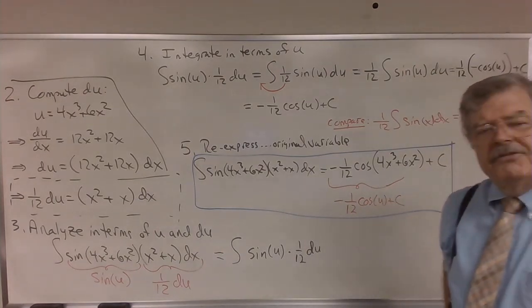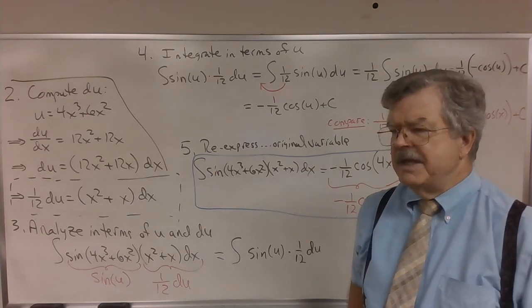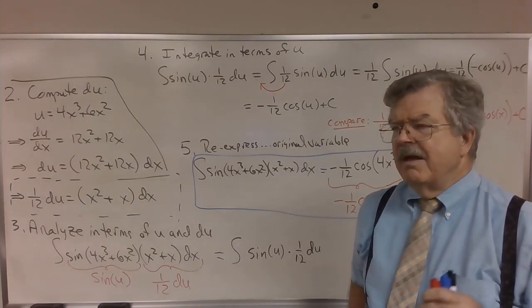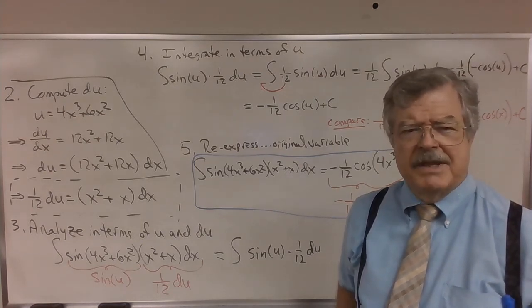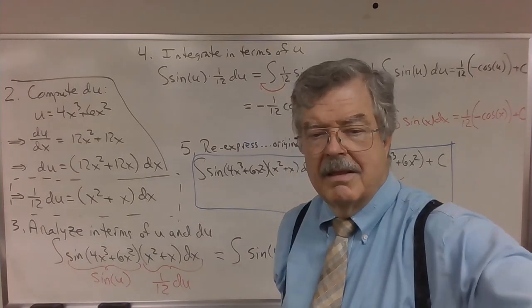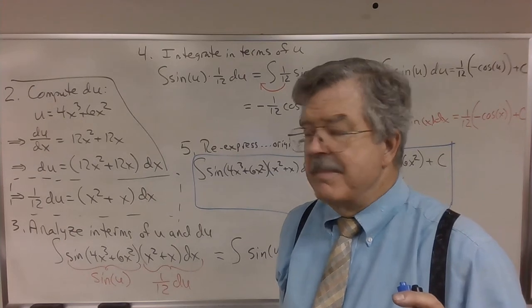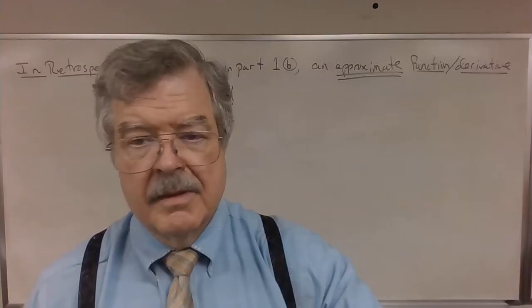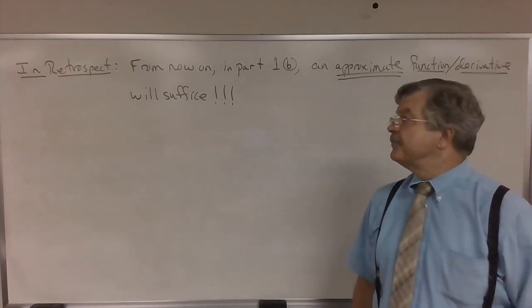So I guess from now on, in criterion 1b, an approximate function derivative pair will be acceptable. And I'm going to write that down as a main observation. Here's the point, and it's a biggie.